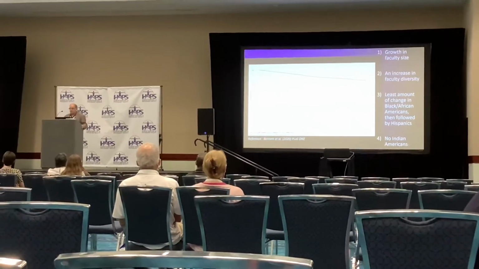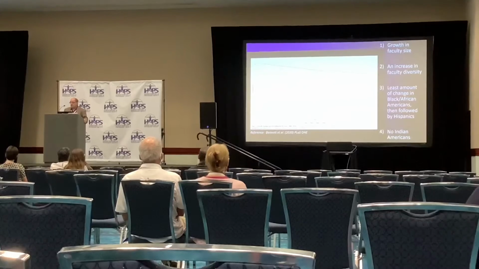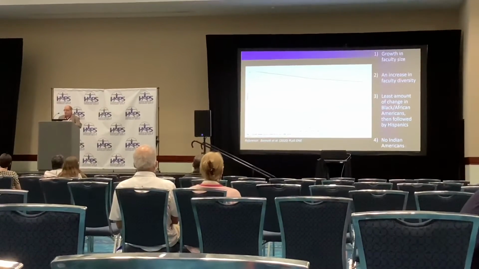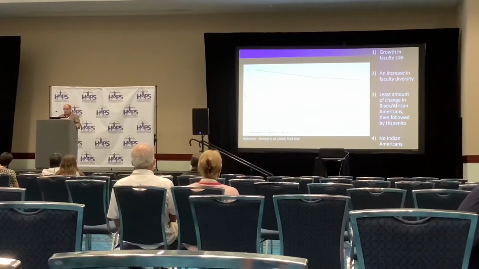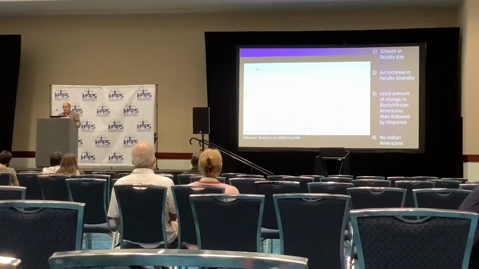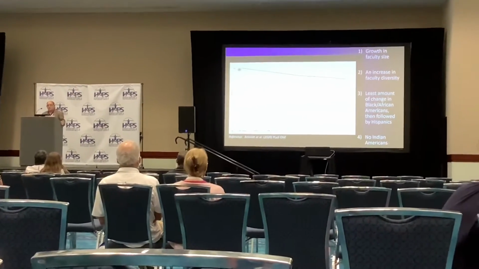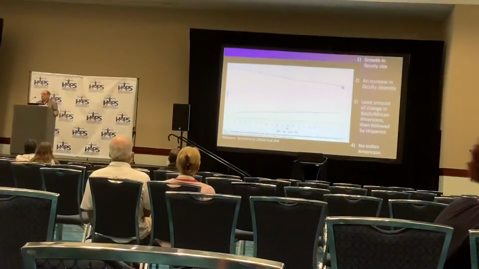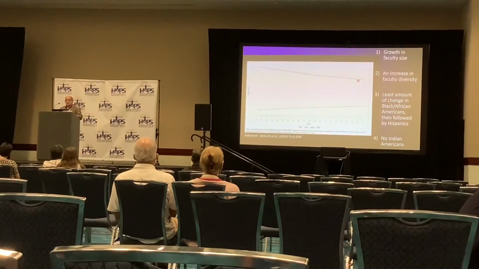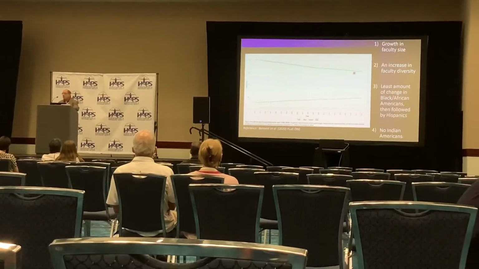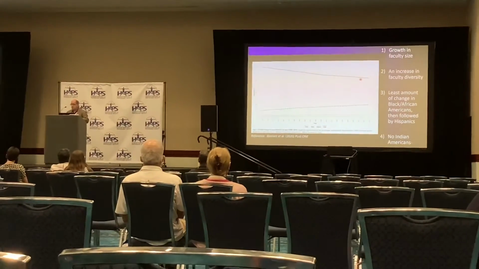And if we look at this graph, we look at the diversity based on ethnicity or race. Get my pointer here. For whites or Caucasians, diversity has gone down. That makes sense because there's been an effort to increase the ranks of other underrepresented groups.